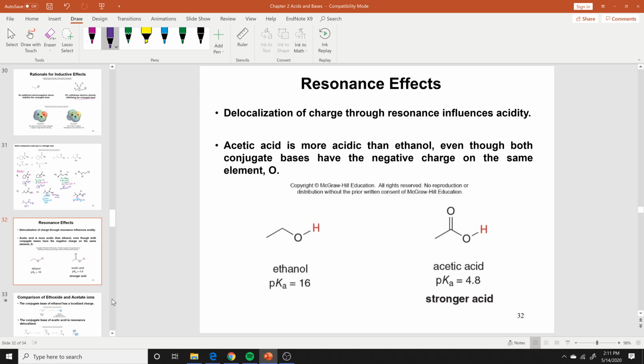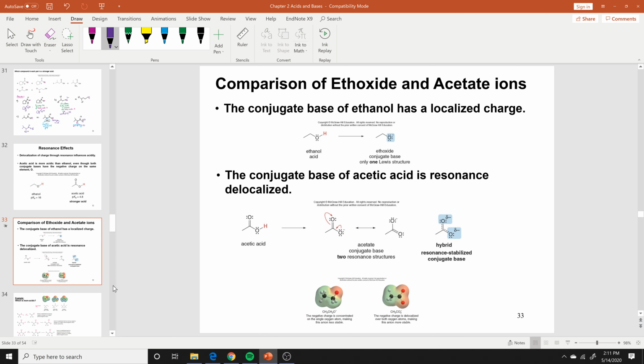So you change each one of those into their conjugate base. The rule is the conjugate base is stable when its electron density is spread over a larger surface area.